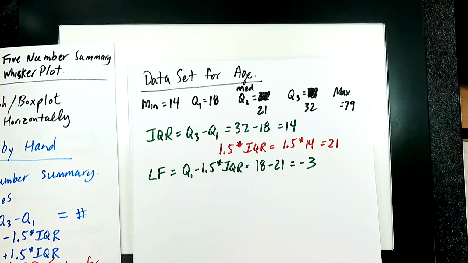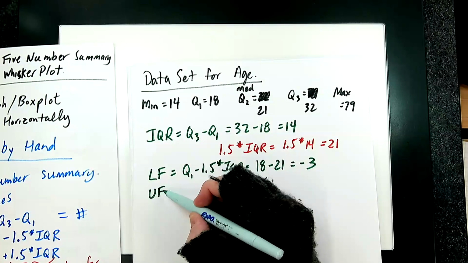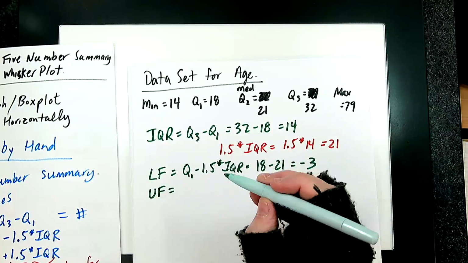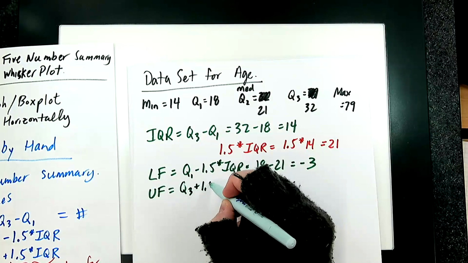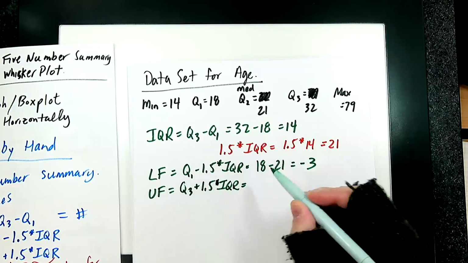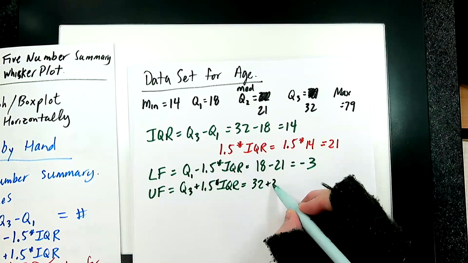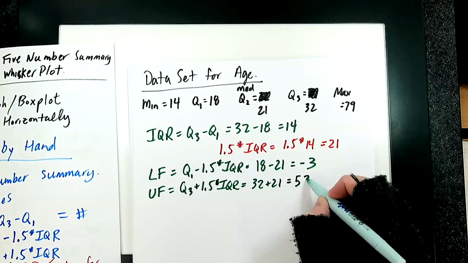This is going to be off the board because we know you can't have a negative age. The upper fence is Q3 plus 1.5 times IQR, which is 32 plus 21, which is 53.